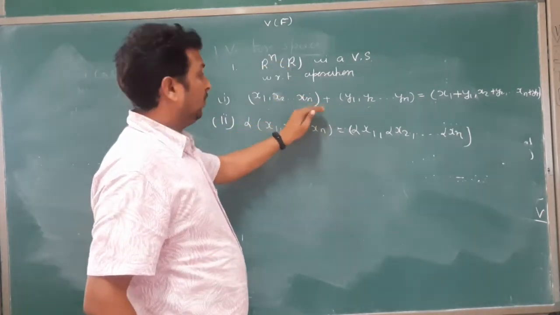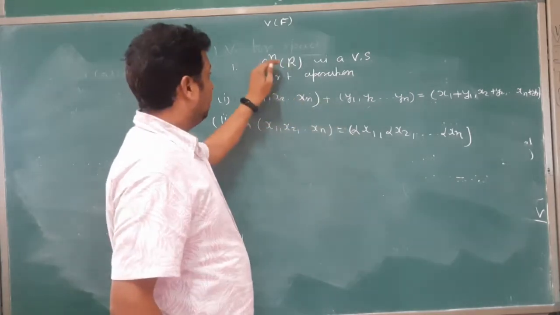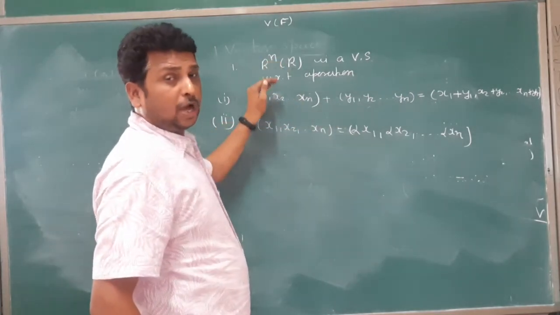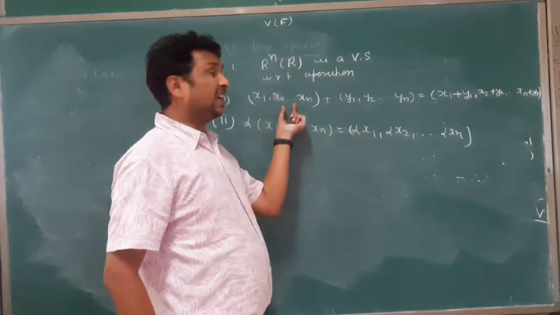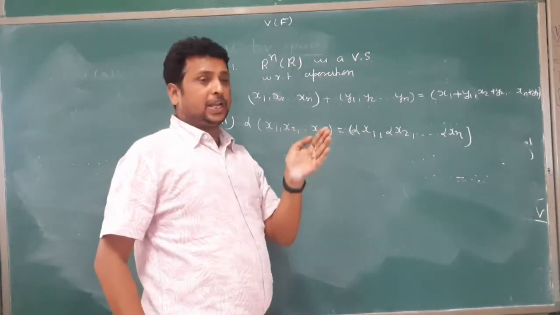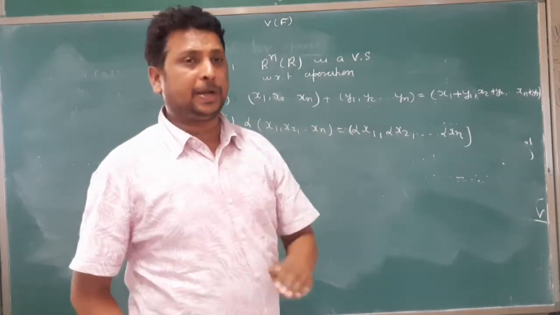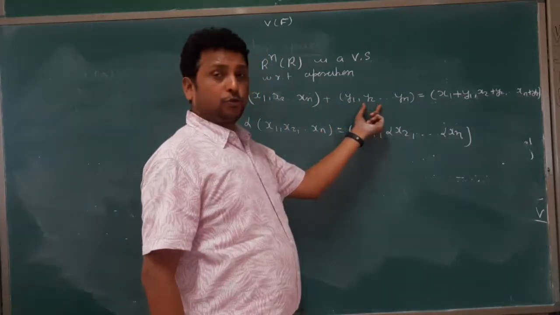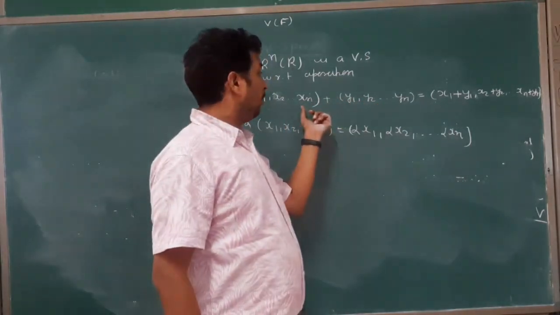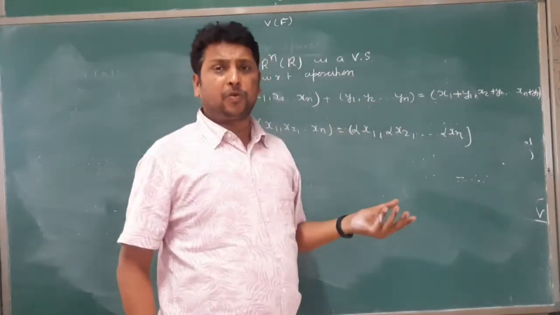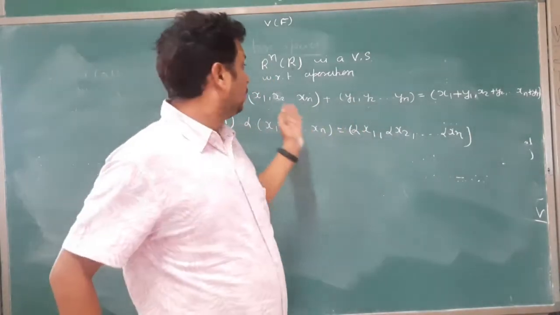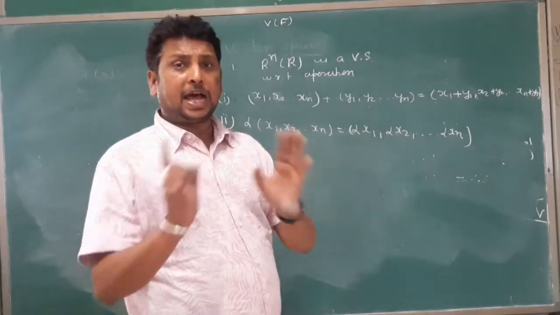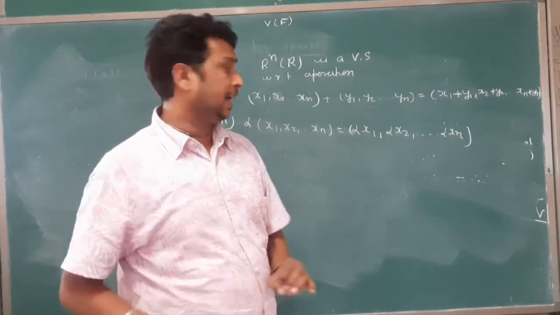Addition between two vectors: because we have taken R^n, R^n contains n-tuples, right? x1, x2 up to xn, elements having n coordinates. These are also elements of R^n. When we add, how will the addition be performed? Just coordinate-wise addition, like vectors: i with i, j with j, k with k.